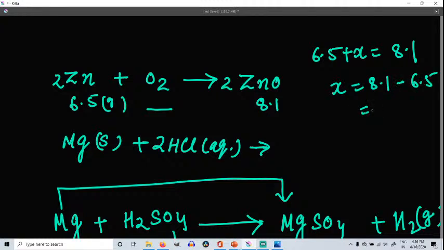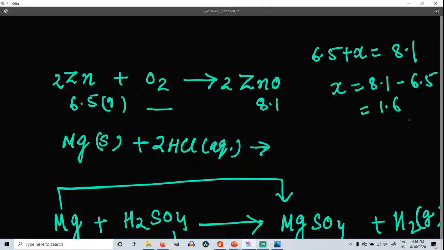So what will be the mass? Tell me. Yes, Rishika? So what will be the mass of this? This is a question from your book. What is the mass of this? 1.6? Yes, Rishika, you have not given me any answer.